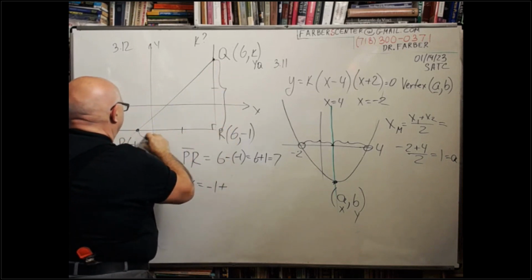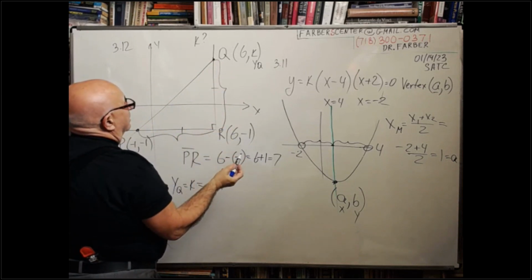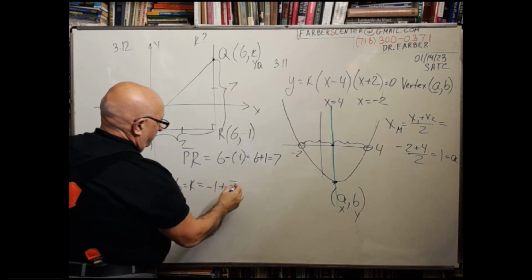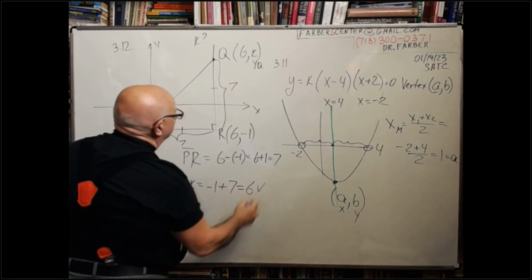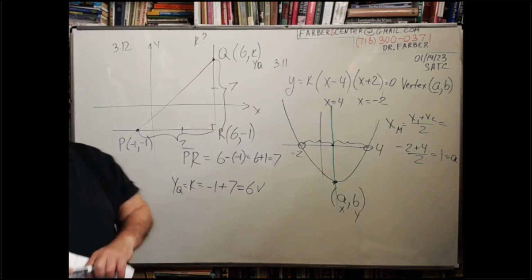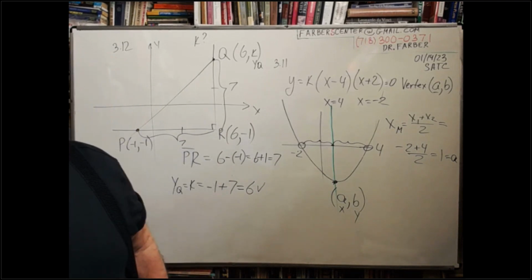This and this length the same because this is isosceles triangle. So if this is 7, this is 7, which is 6. Okay, so far so good. Who understand up to this point? Hands up. Good, excellent. Nicole?